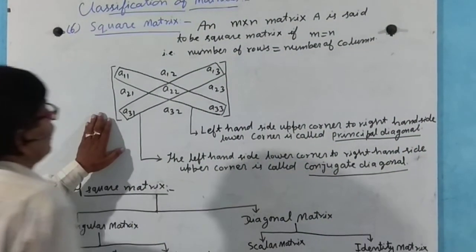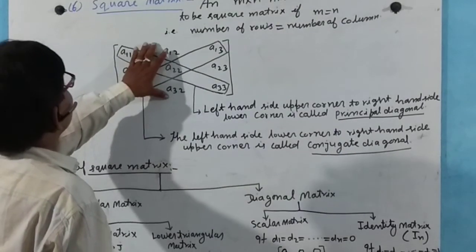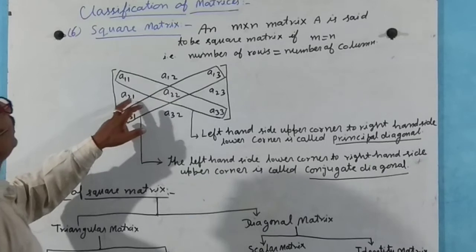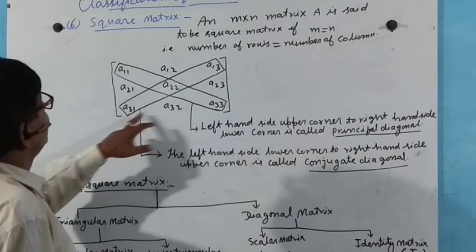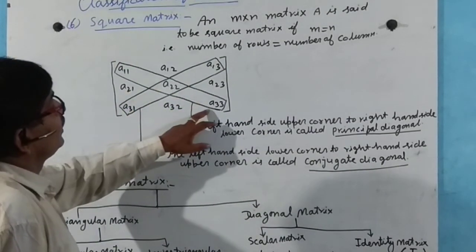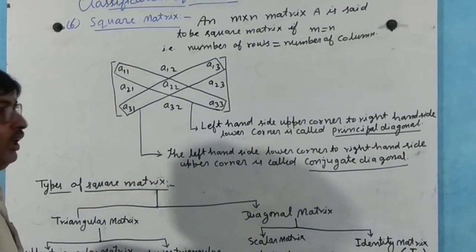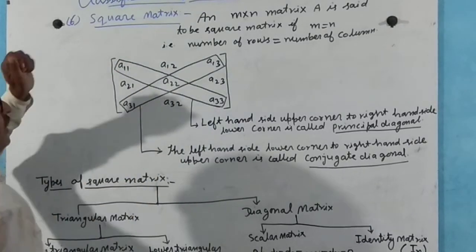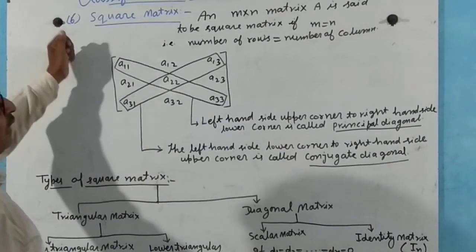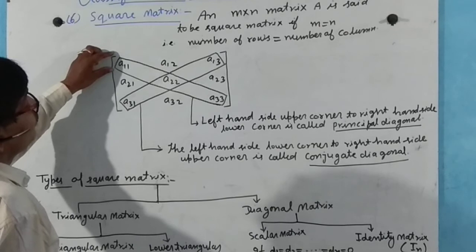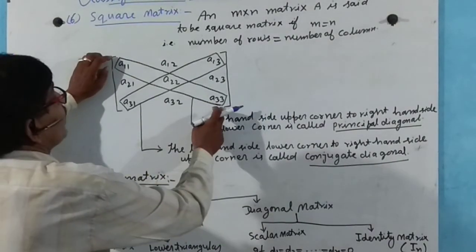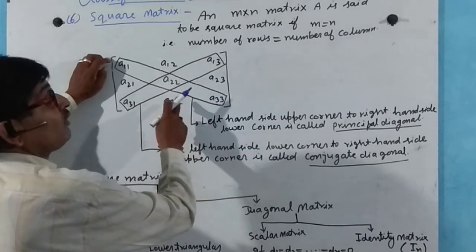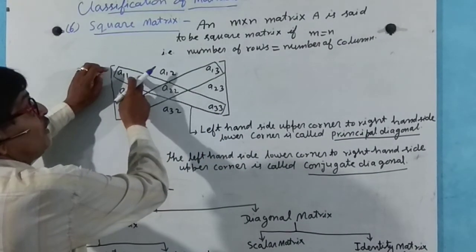Now here in this case A11, A12, A13, A21, A22, A23, A31, A32, A33. This is a matrix, and the diagonal from the left hand side upper corner to the right hand side lower corner is called the principal diagonal.